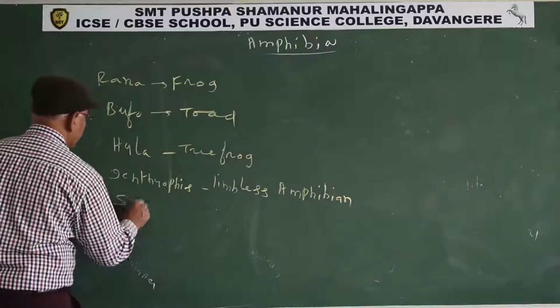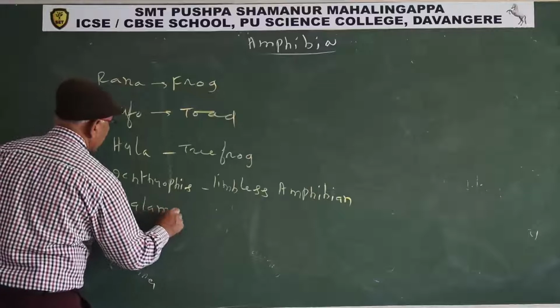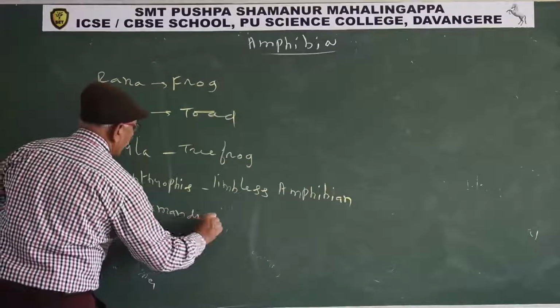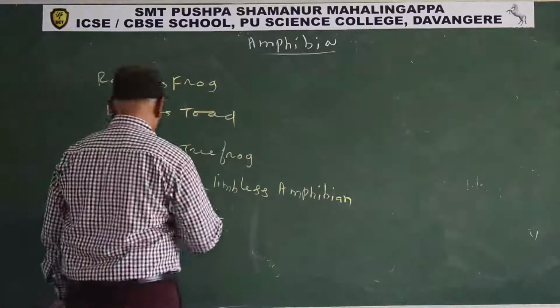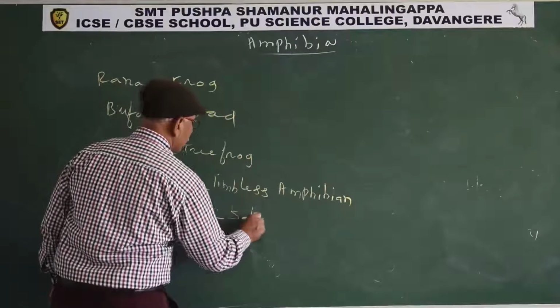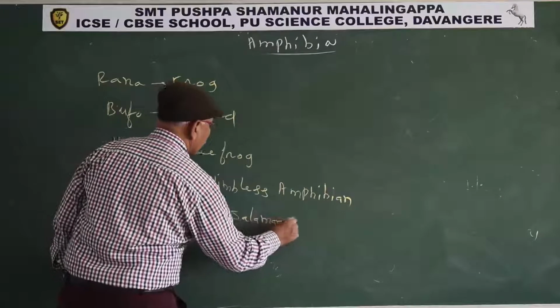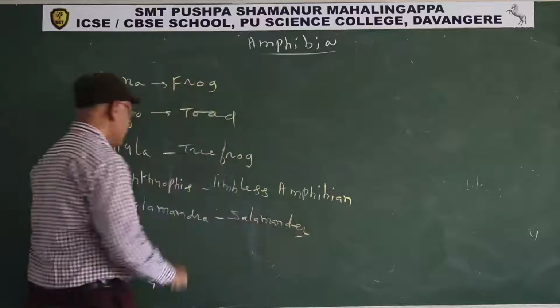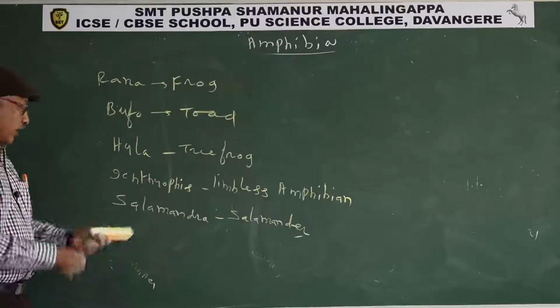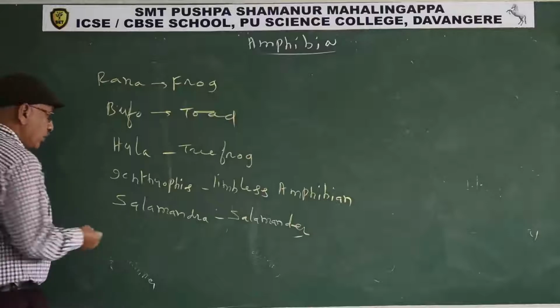Salamander. Salamandra is the scientific name of salamander. Salamandra belongs to order Urodela.